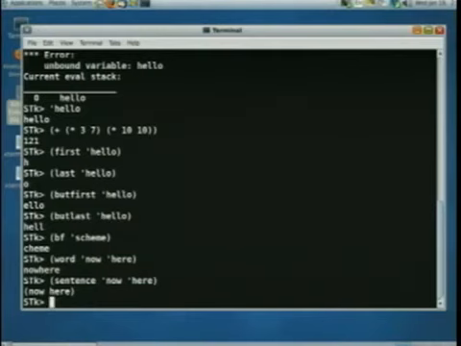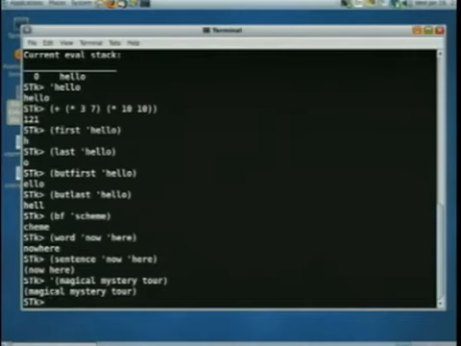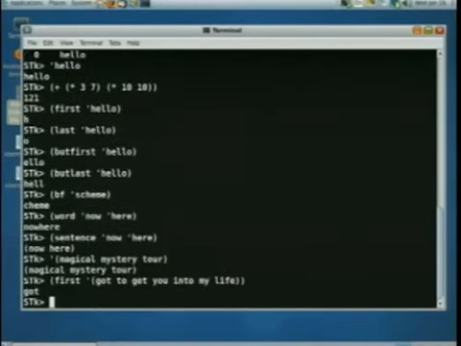Okay? If I actually want a sentence, I quote it, the same as you can quote a word. Okay? First, but first, last, but last, applied to sentences, carves out pieces that are words.